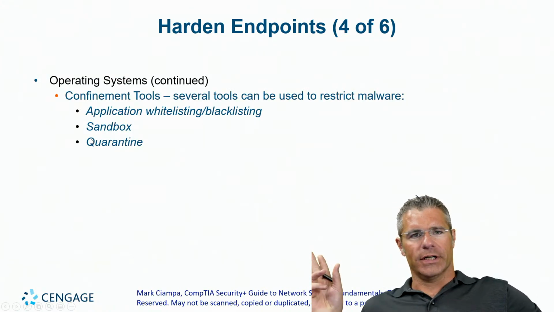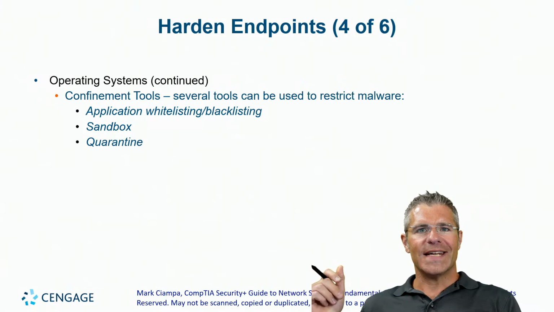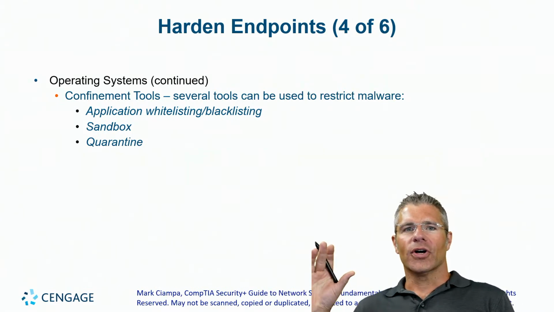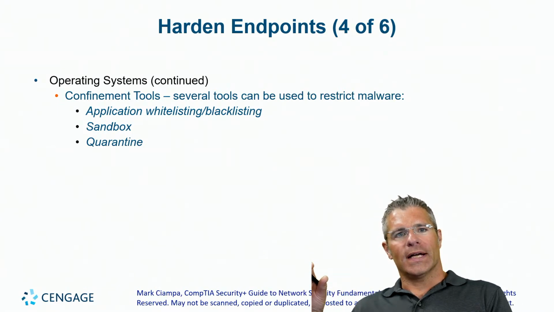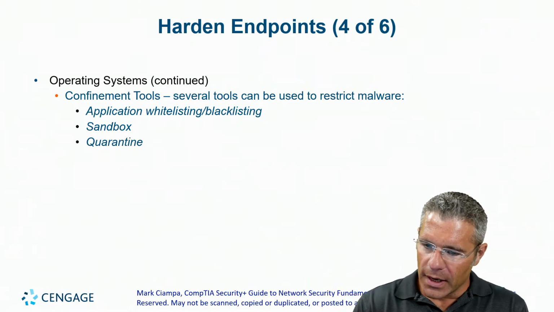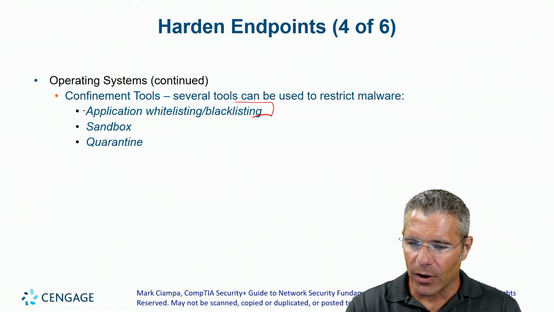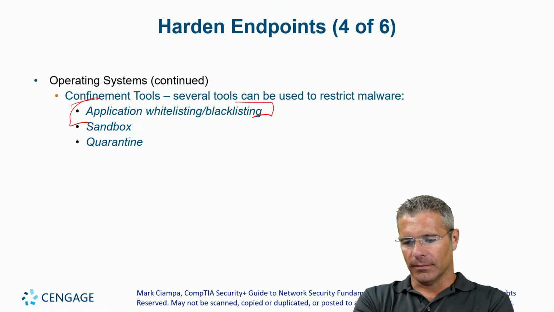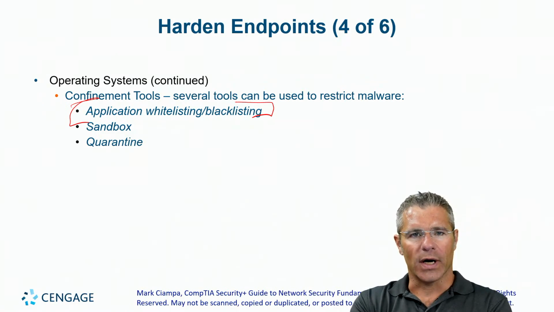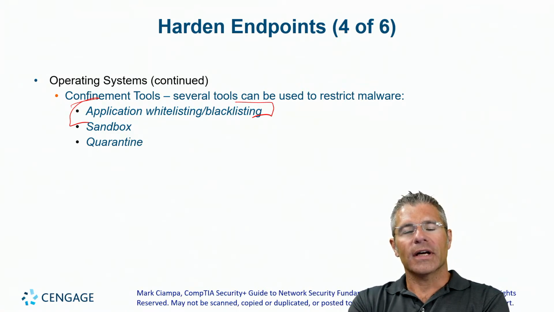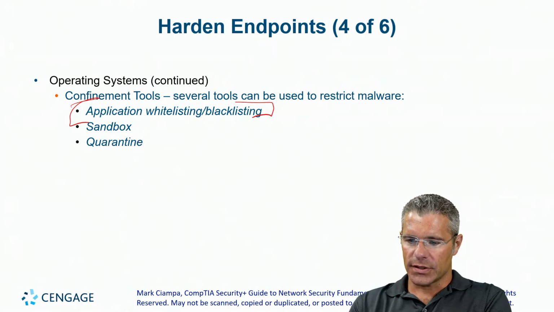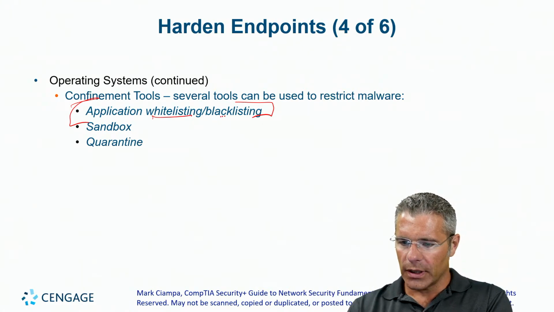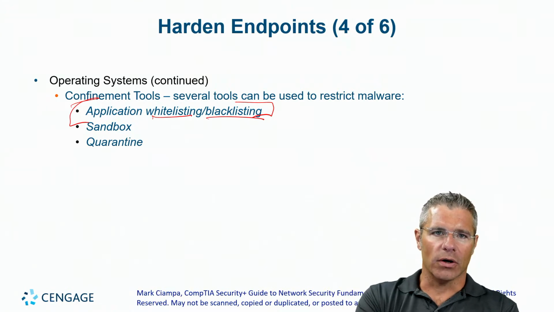And then you'll get a chance to look at some of the different containment tools that can restrict what malware has access to. That includes application allow and deny lists, the more inclusive way to say whitelisting and blacklisting, that say, these are the applications that we let work. These are the applications that we don't let work.